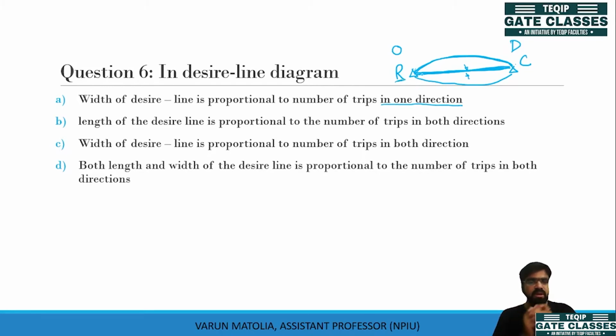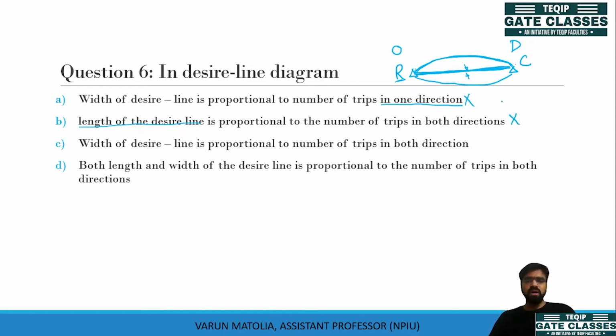The total number of trips made in the day from one zone to another, or from the other zone back to the first zone, will be counted in the width of the desire line. The second option says the length of desire line is proportional to the number of trips in both directions. The length of the desire line has nothing to do with the trips. So this option is wrong.